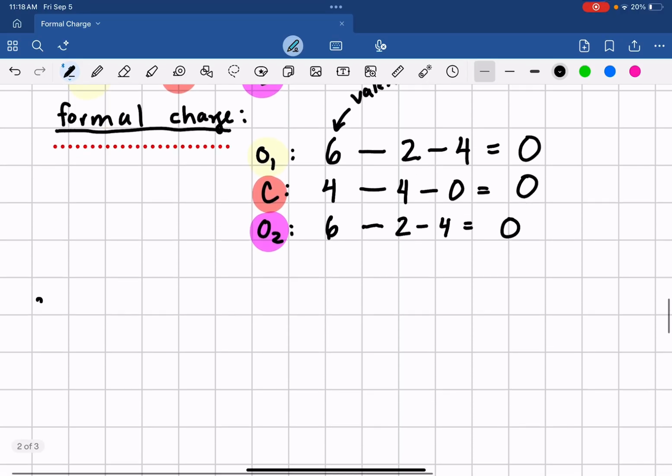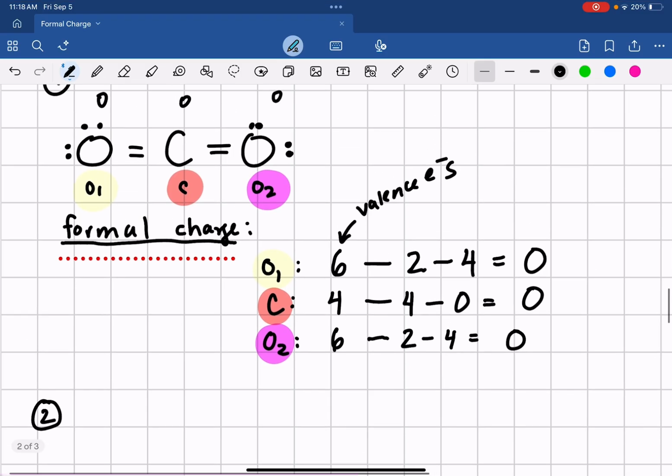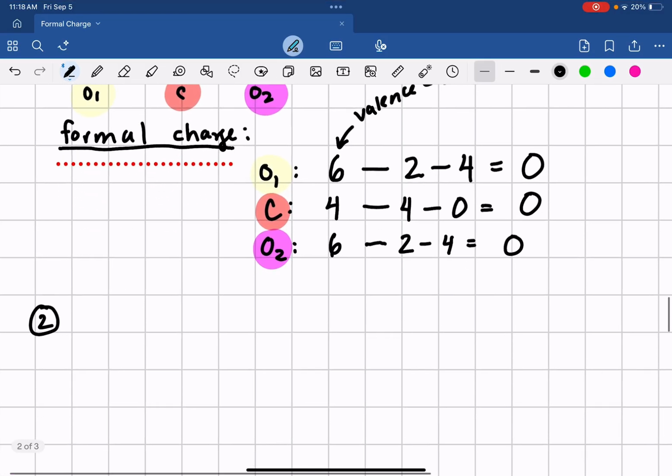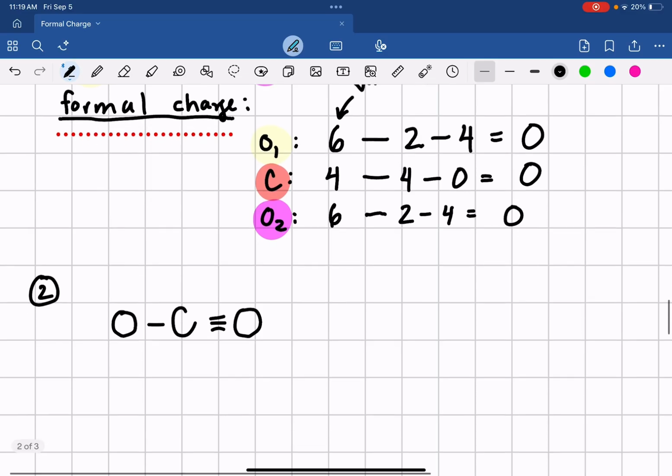Let's look at the second option, which we said carbon dioxide could potentially be: 3 bonds to 1 oxygen and only 1 bond to the other oxygen. Let's go ahead and fill out the electrons so that it is a complete octet for oxygen. Oxygen has 2 electrons.